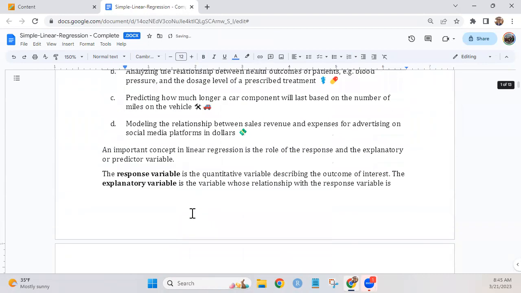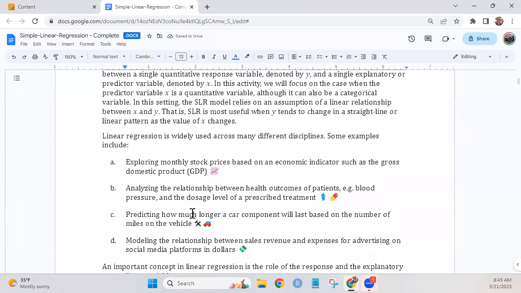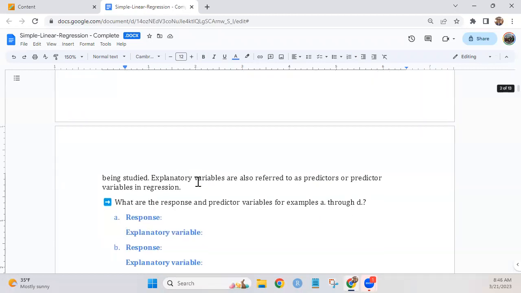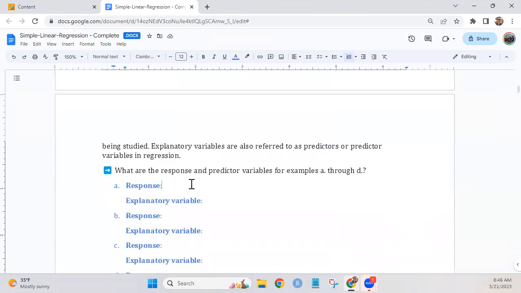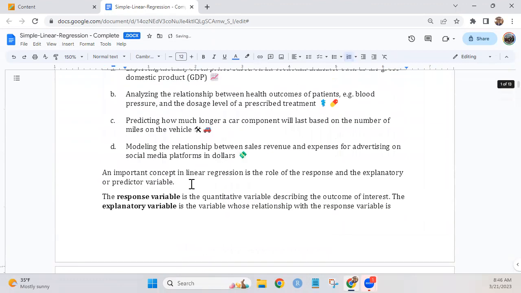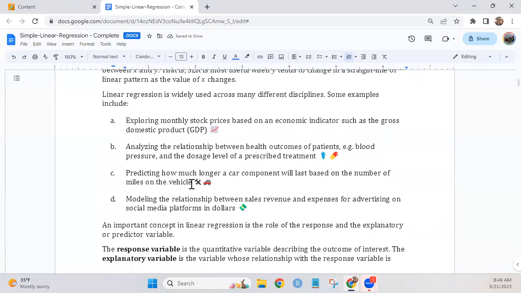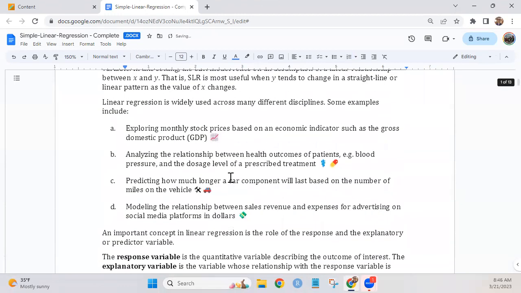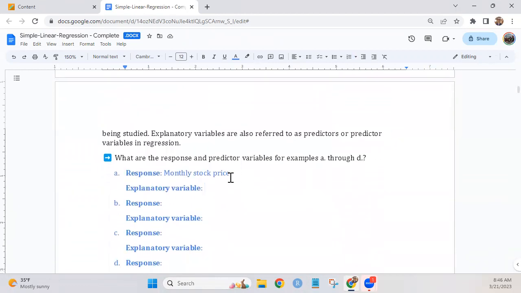Okay. So let's say for part A, or example A here, what is the response variable y? Right, the monthly stock price. And what is our predictor variable in that case? GDP. Yep. Gross domestic product.